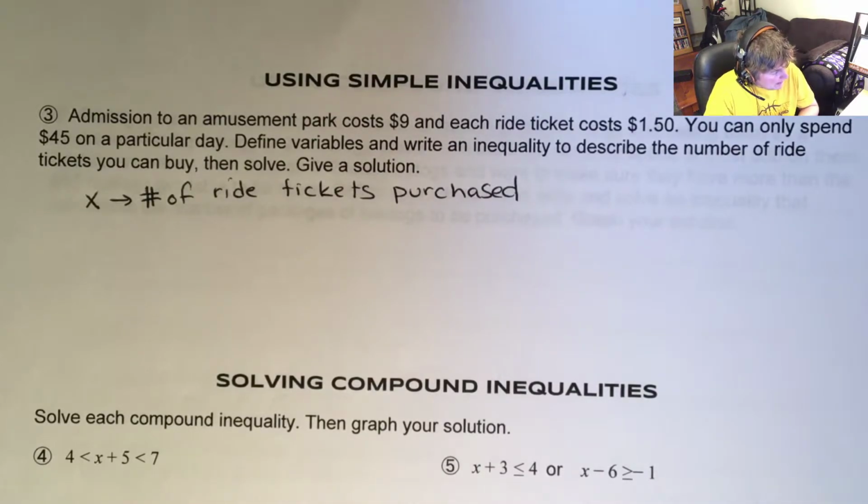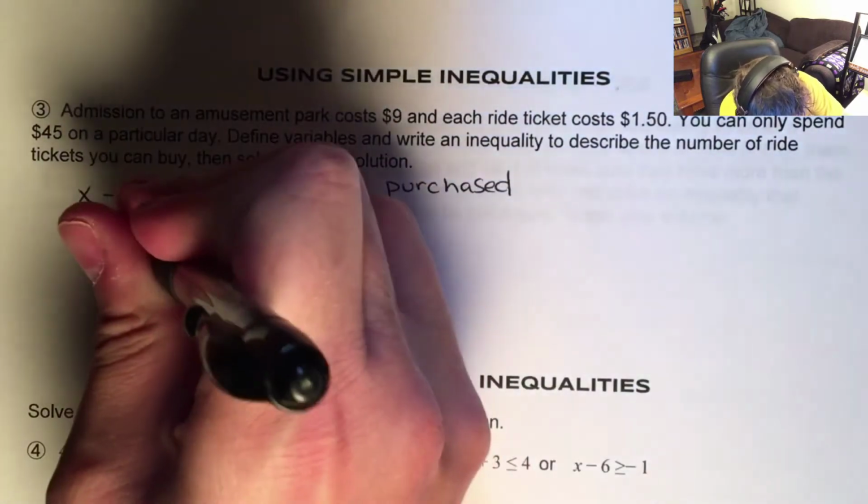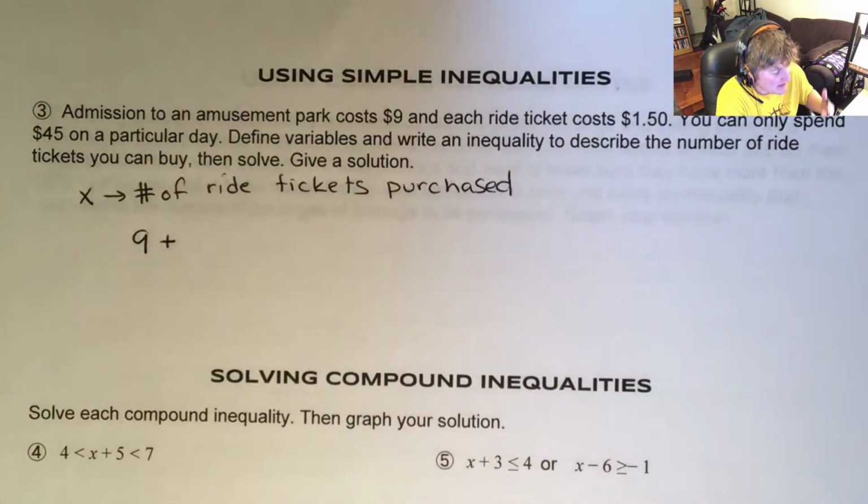So how much money did I spend just to get in the door? Well, it's $9. So I'm going to take my $9, and I'm going to add to it the money spent on rides. So the money spent on rides is going to take $1.50, and I'm going to multiply it by the number of tickets I bought. For the same reason I talked about a moment ago. One ride is $1.50. Two rides is $3. Three rides is $4.50. All I'm doing is taking $1.50 and multiplying by the number of rides.